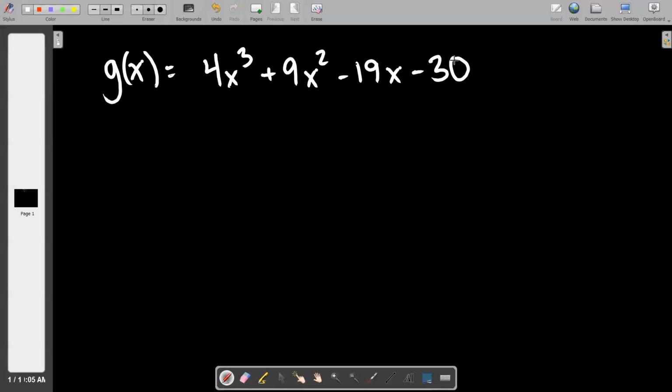So step 1, let's make a list of all possible rational zeros. Remember, to do that, we have to take some combination of the number in back, the purple number, and the yellow number. So what are all the factors of 30? 1, 2, 3, 5, 6. And once you make one rainbow, if you guys ever learned factors this way, that's like a little rainbow, right?